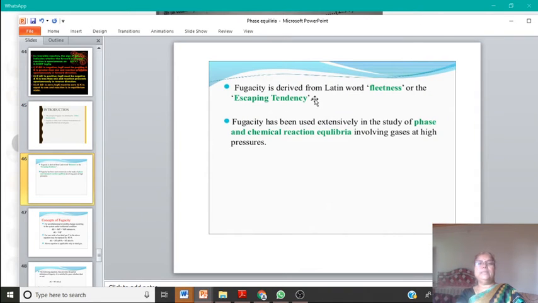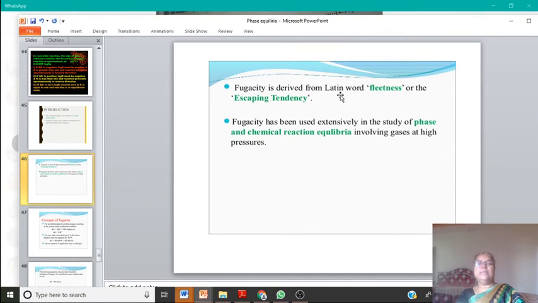Fugacity is a derived word. It is derived from the Latin word fleetness, or the escaping tendency.